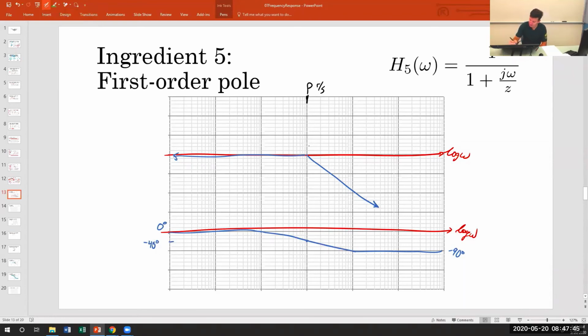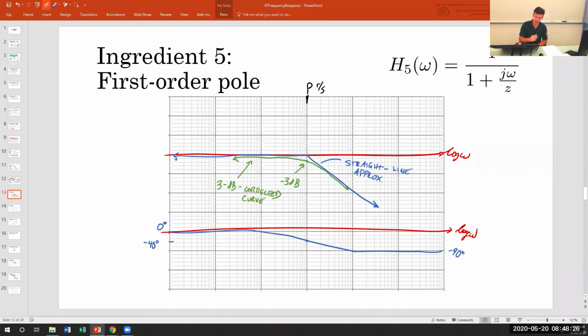But if you need to be more accurate, then this truly passes through this point. So we've got the curve approaching up here and the curve approaching down here, passing through negative 3 dBs. Okay. So again, I'm going to refer to these as the 3 dB corrected magnitude or curve, whereas this is what I'm going to call the straight line approximation.